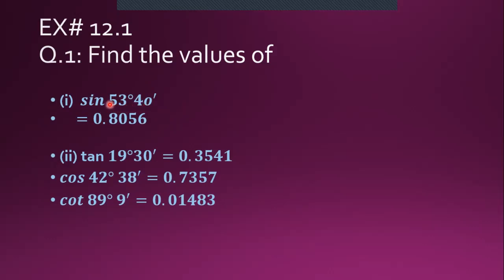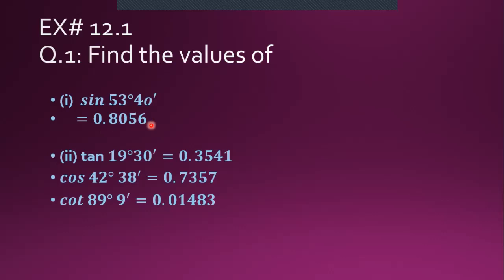There is a button in the calculator for degrees, minutes and seconds, and you learned in chapter number 1 how to use that button. You will write 53 and press the button once, and then write 40 and press the button again. Then it will show sine 53 degree 40 minutes, and by pressing the equality button you can get this answer.